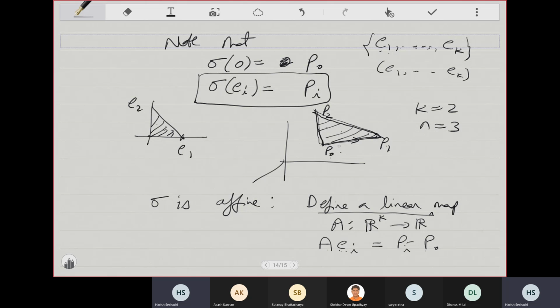It's a triangle with a sense of which vertex comes first. So in that sense, it's oriented. If you want to draw edges, you can put arrows like this. P0 comes first, P1 comes second, P2 comes third.